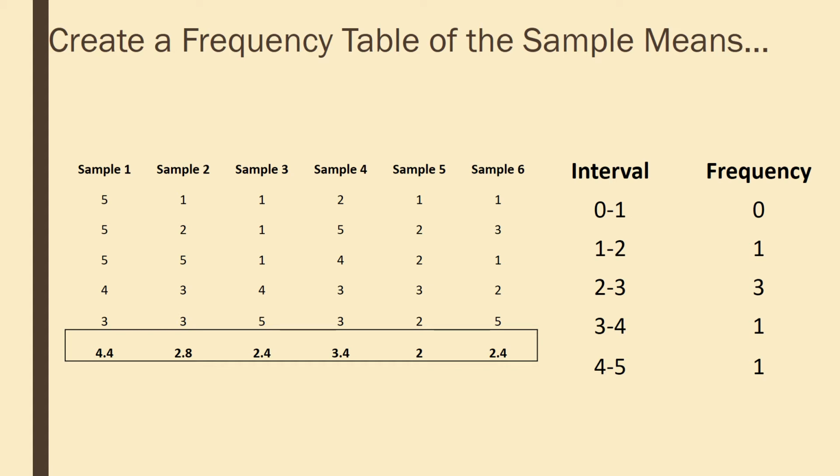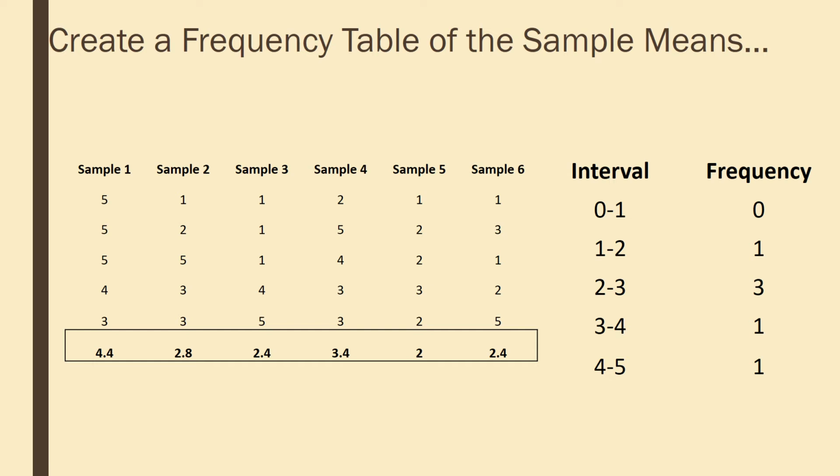And for 2 to 3, we had 3: the 2.8, the 2.4, and the 2.4 at the end here. So we're going to put 3 for that interval. For the interval 3 to 4, we have 1, which is sample 4, which has a mean of 3.4. And for 4 to 5, we only have 1, which was 4.4, for sample 1.